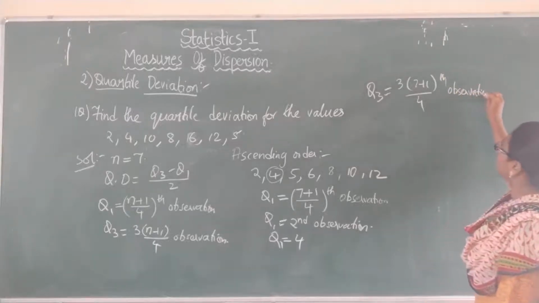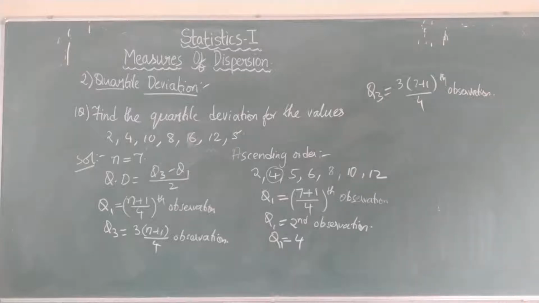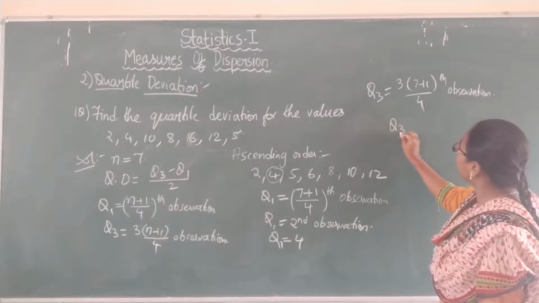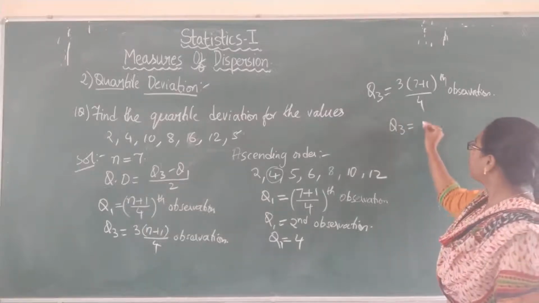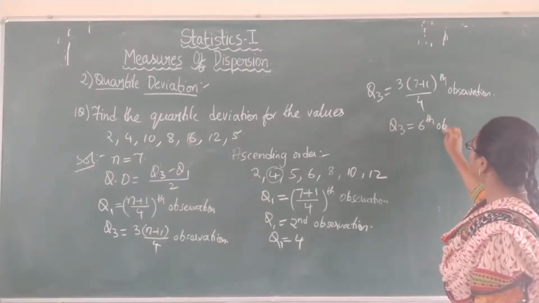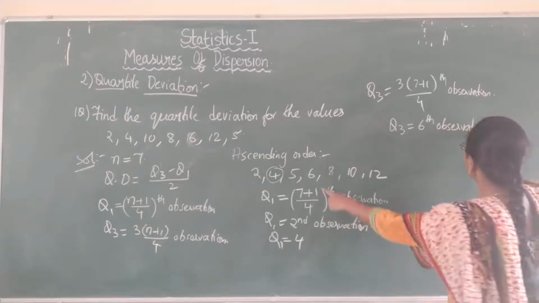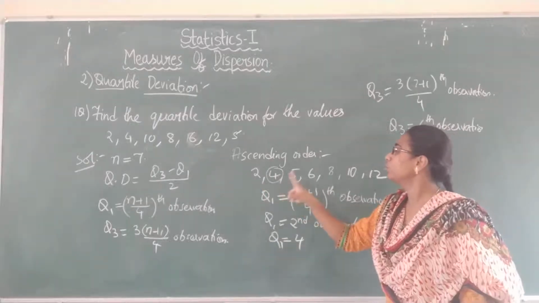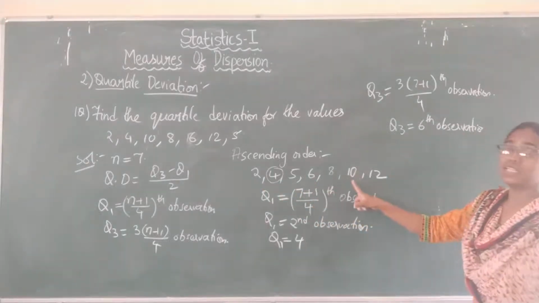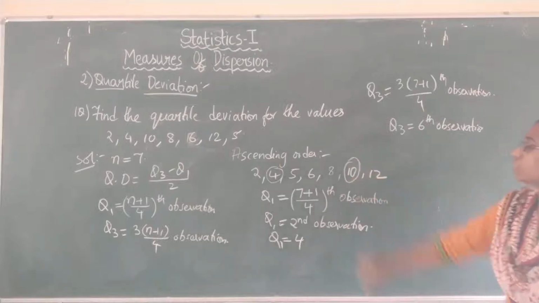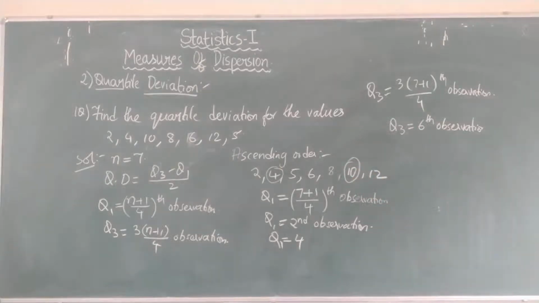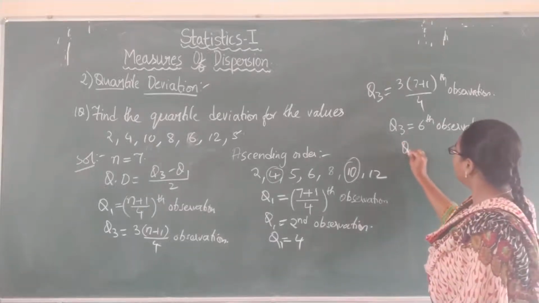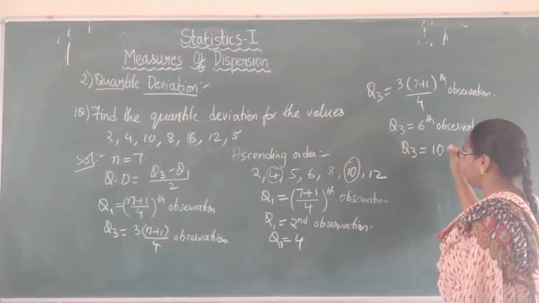Here 8 by 4 is 2, and 2 into 3 is 6. So the 6th observation is the third quartile. In the ascending order, what is the 6th observation? 1, 2, 3, 4, 5, 6. The 6th observation is 10. So Q3 equals 10.